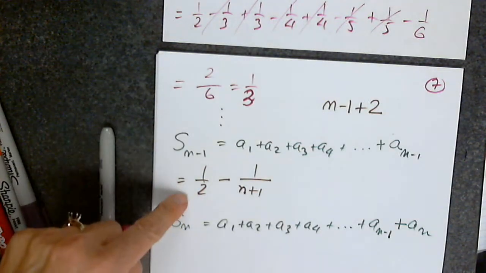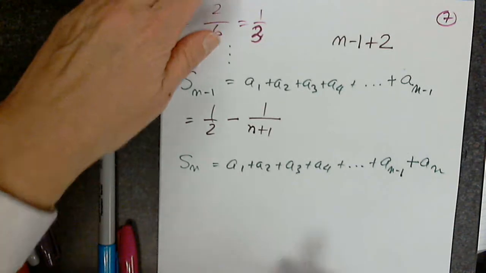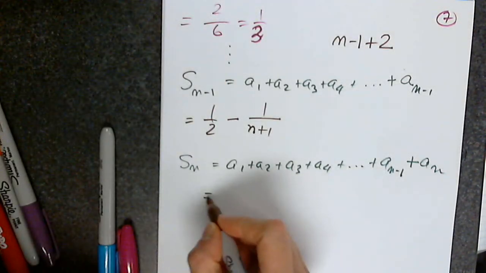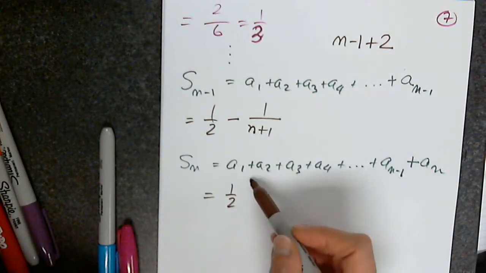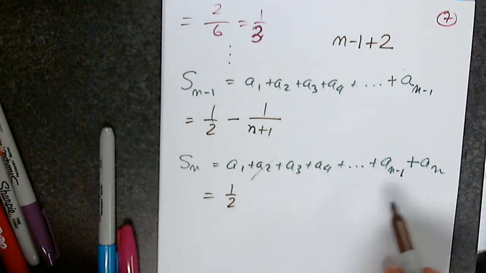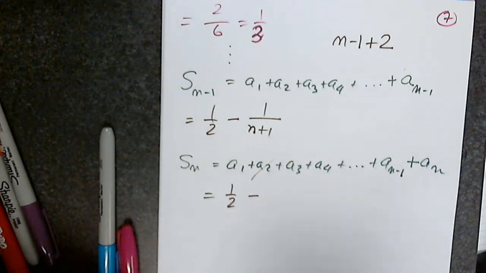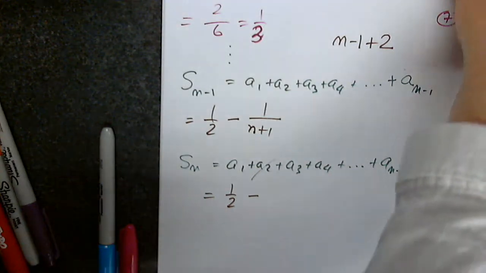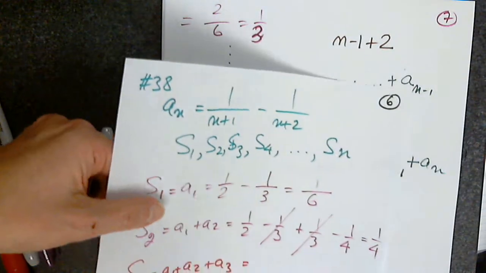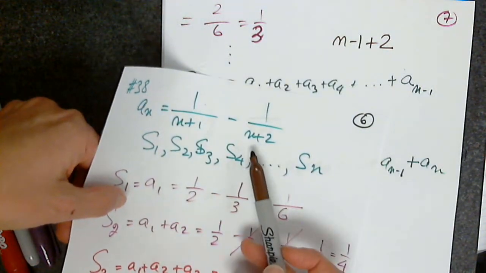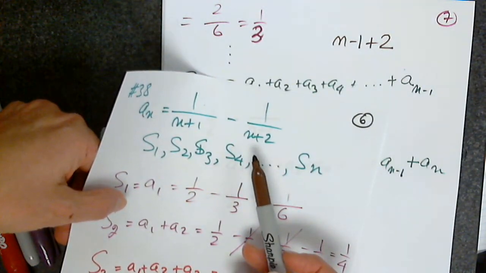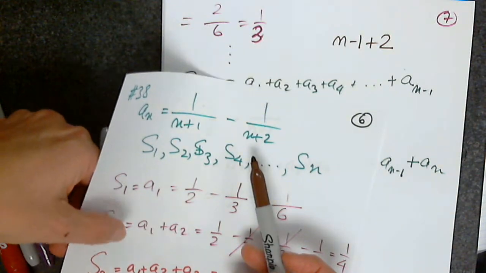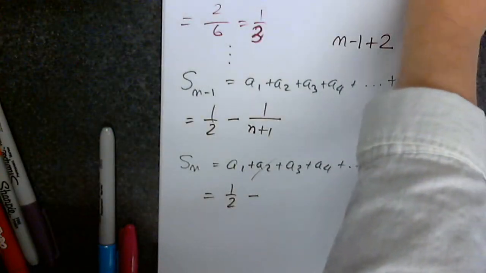But that's not what we want. We want the next one, the last one. So we have 1/2, everything in between will cancel out, and we will have the last term as, when n is n, plus 2, right?